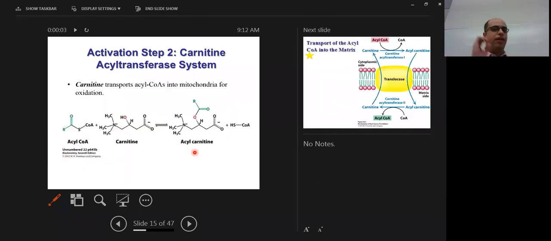So once we have the acyl-CoA, we have our fatty acid on coenzyme A, we're then going to let it get into that mitochondria because all of those beta oxidation enzymes are located in the mitochondrial matrix. So we attach that acyl group, that fatty acid group, onto a molecule called carnitine, and this will transport it into the mitochondria as an acyl carnitine.